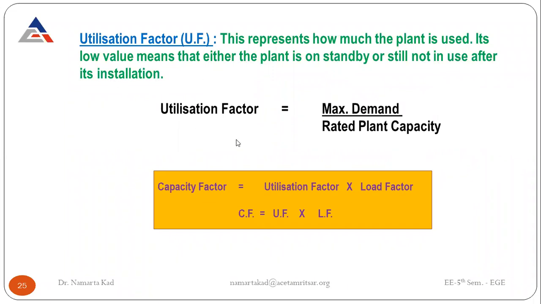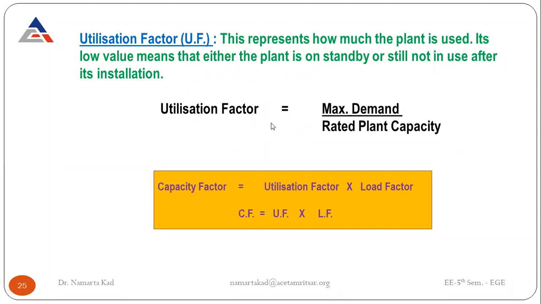That means if any plant gives you a very low utilization factor, then some of the units of that plant are standstill. They are not in the working condition. So what does the utilization factor represent? It represents how much any particular plant is used, how much any particular unit is used.